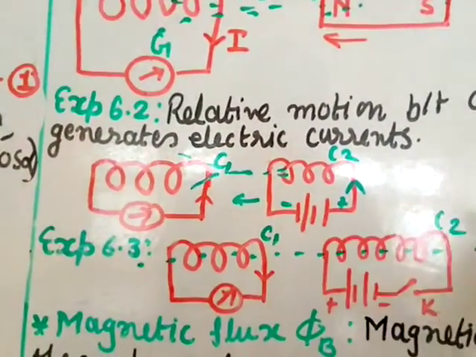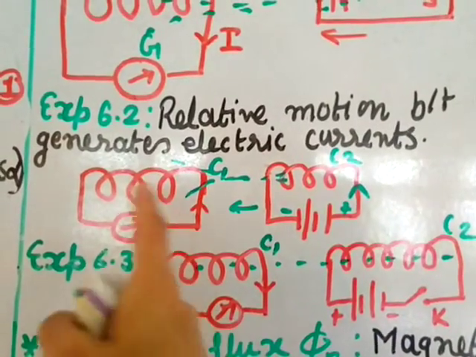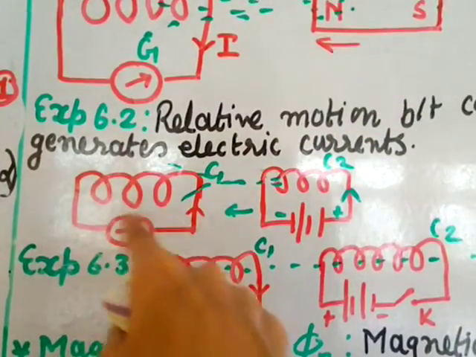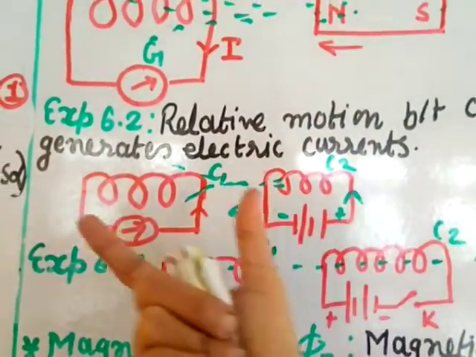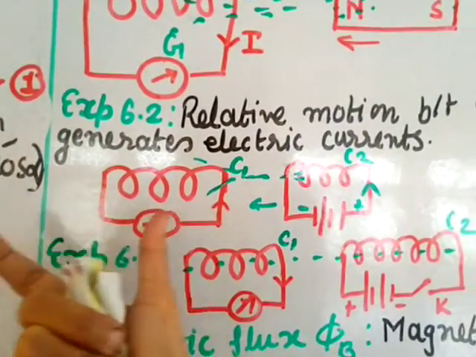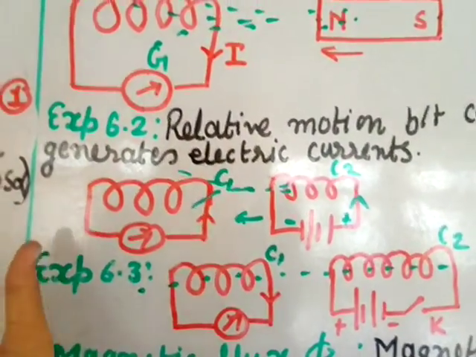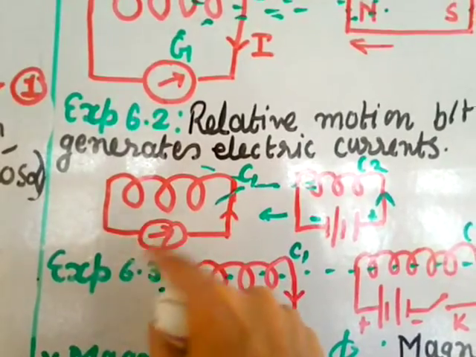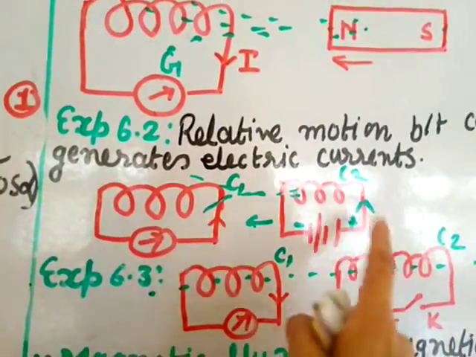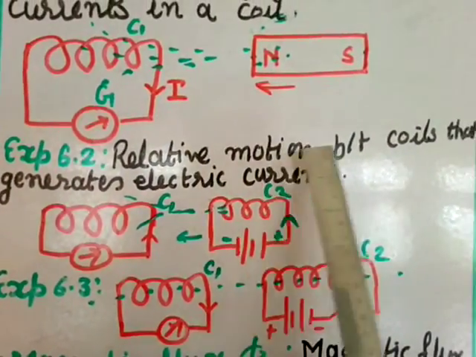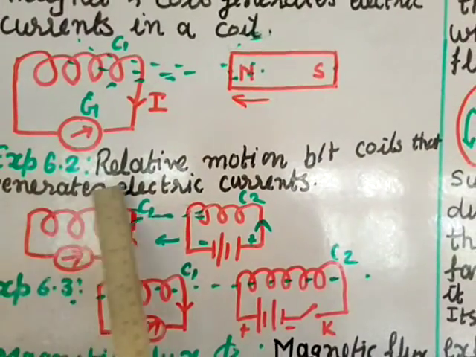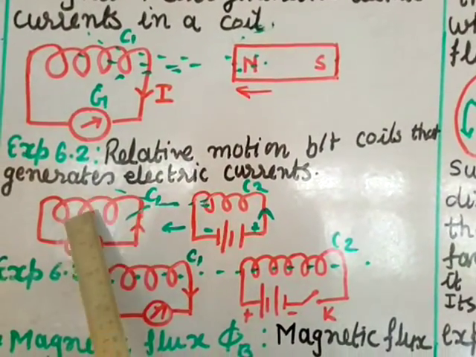When they took it away, they found a deflection in the opposite direction, so again there was a current. They kept C2 stationary and started moving C1, and again found a deflection in one direction when brought closer and in the opposite direction when taken away. So they concluded that the relative motion between the coils generates electric current in the coil.